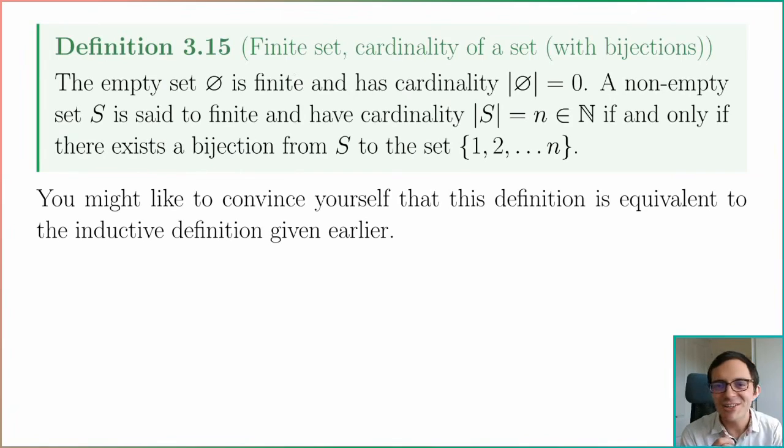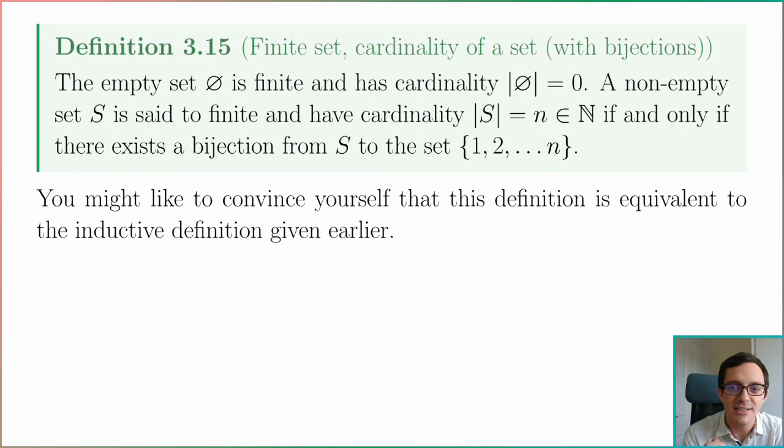so I want to show you another definition of cardinality now, using these bijections that we've got, because this definition is much easier to work with than the recursive definition we had before. So here it is. It's a definition of finite sets and cardinality of finite sets at the same time, using bijections. So here we go.